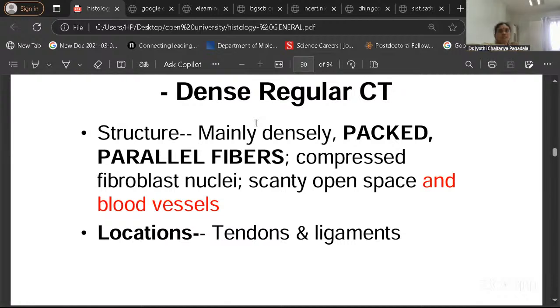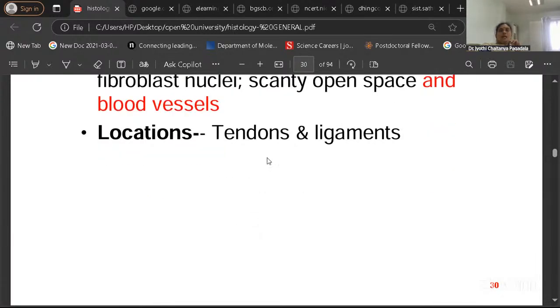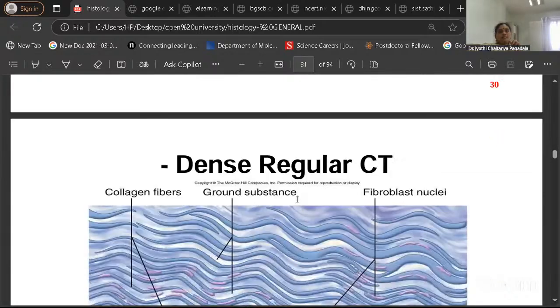And when coming to the dense regular connective tissue, this connective tissue is mainly densely packed, with parallel fibers, compressed fibroblast nuclei, scanty open space, and blood vessels. Locations are tendons and ligaments.